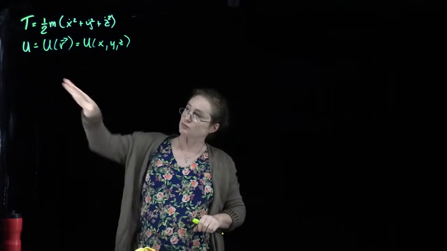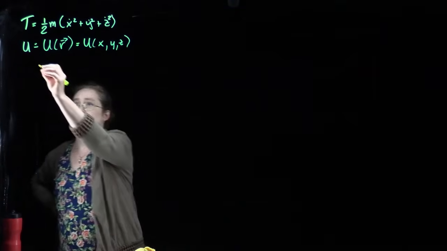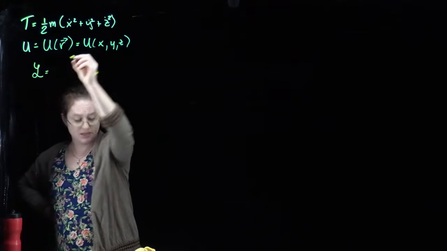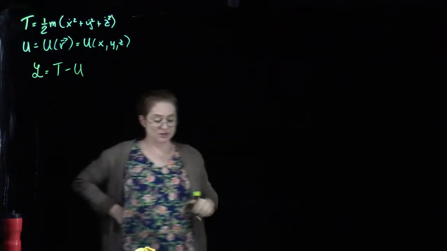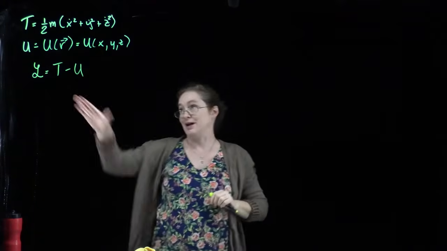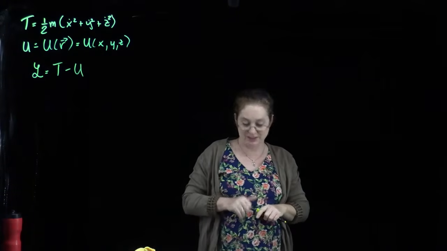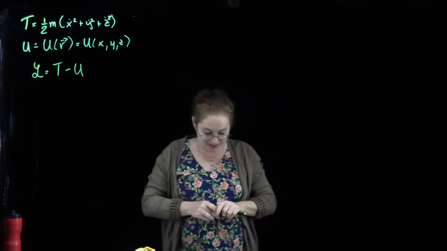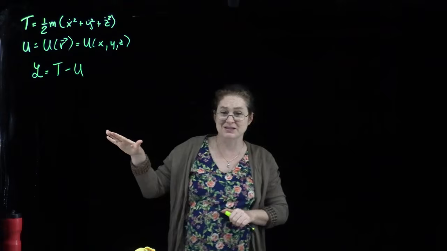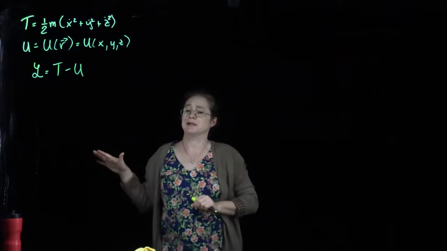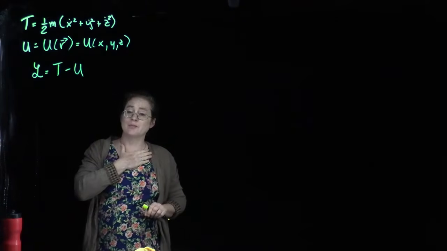So we will then define the Lagrangian as T minus U. There is no simple explanation for why we're making this definition. Taylor doesn't even address it, which means it's gnarly and ugly. So take me at my word.